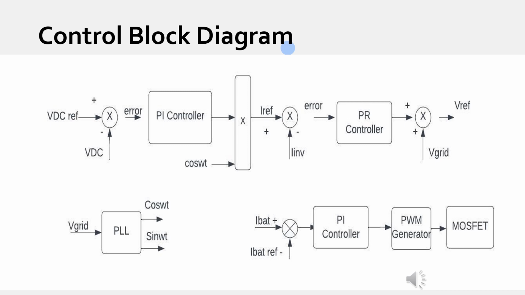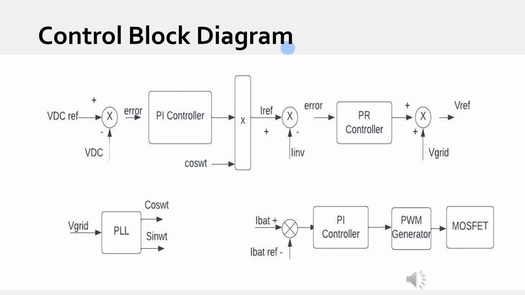And then we also have our battery current control. For that, we set the current of the battery at 12, and then we compare that to whatever we are getting at the output of the battery.